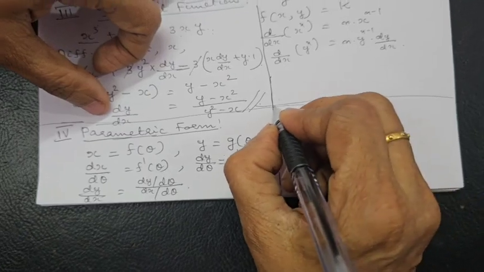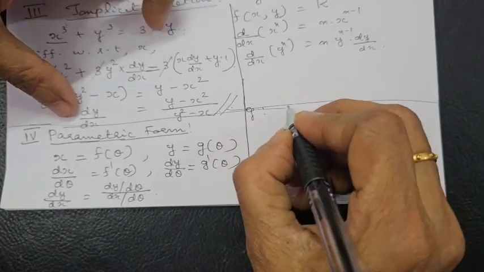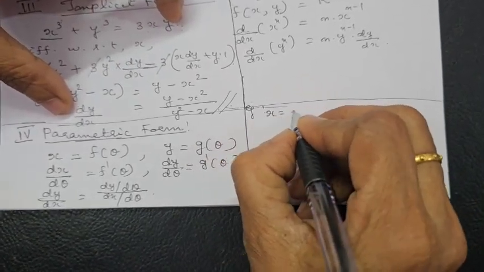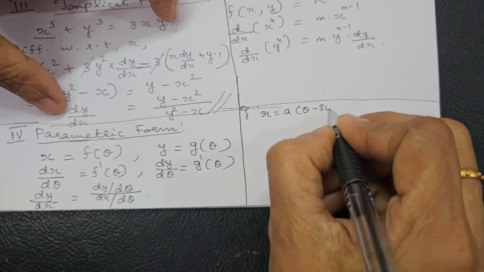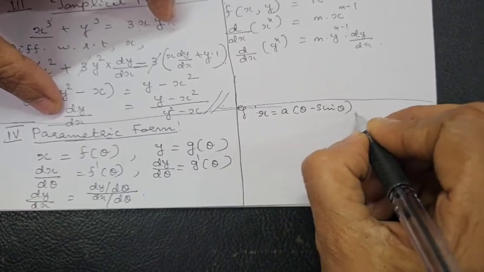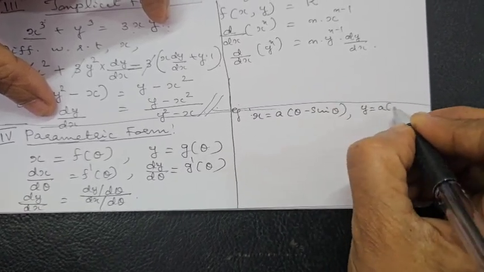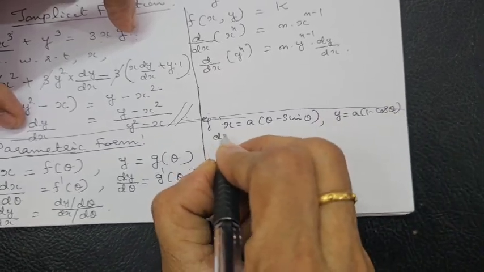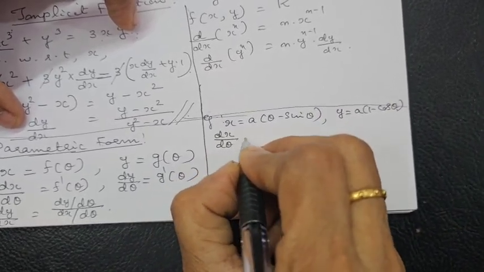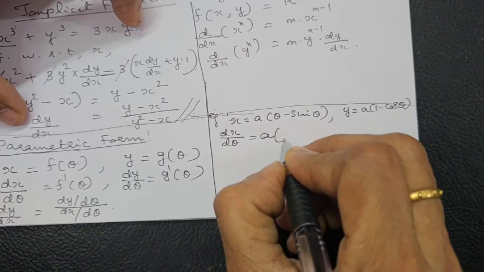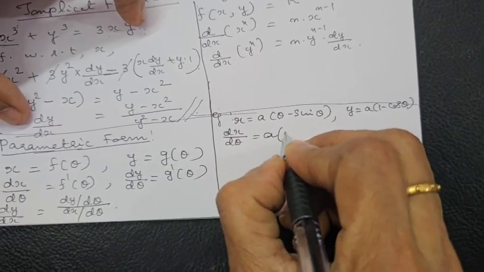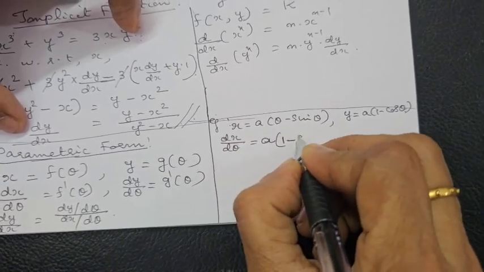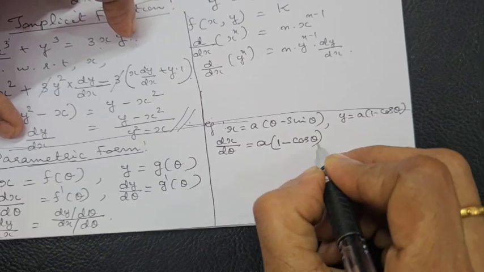For example, if you want to find the derivative where x is equal to a into theta minus sin theta and y is equal to a into 1 minus cos theta. Differentiating, dx by d theta is equal to a into, a is a constant, the derivative of theta with respect to theta is 1, of sin theta it is cos theta.